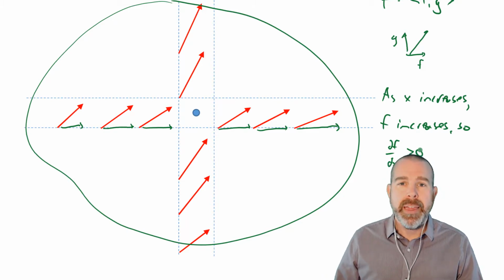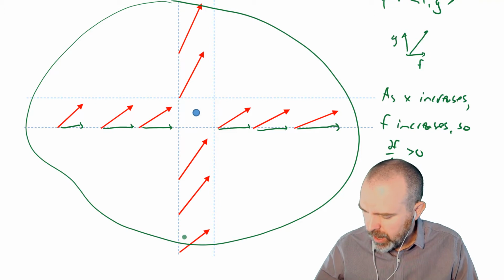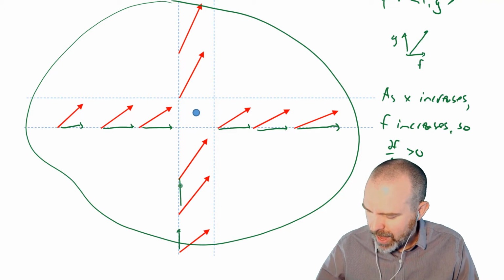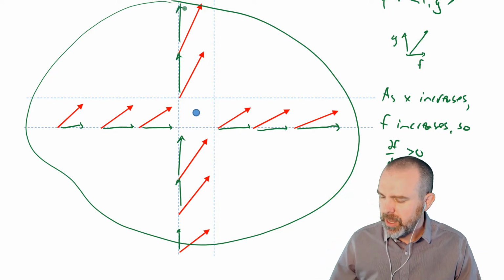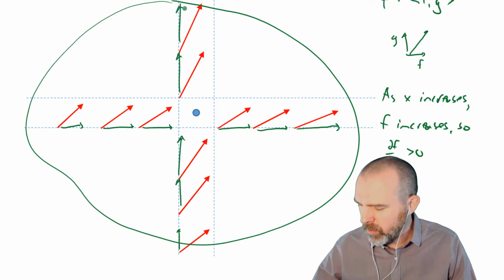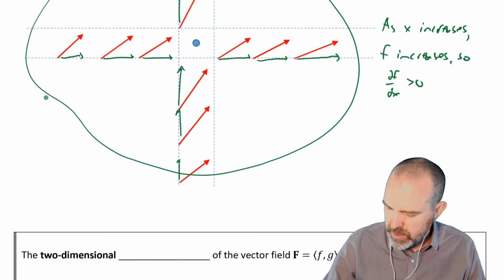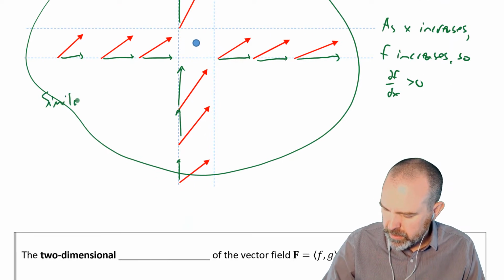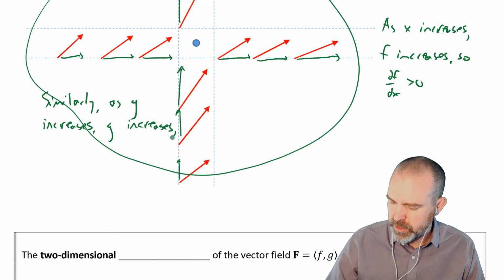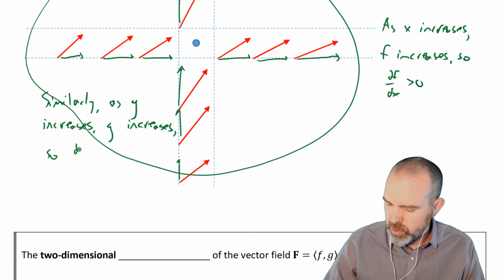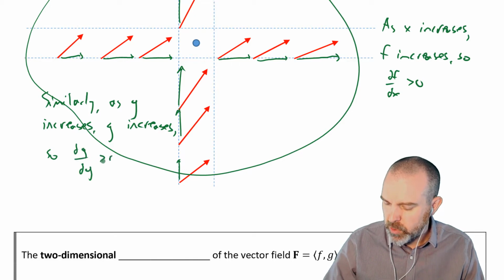So the partial derivative of f with respect to x is a positive number for this particular example. Then we need to look at g and its derivative with respect to y. We look at the y components of these vectors, and we can see that they are also increasing. Similarly, as y increases, g increases. So the partial derivative of g with respect to y is also a positive number.